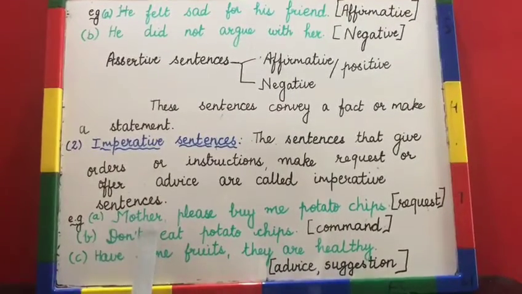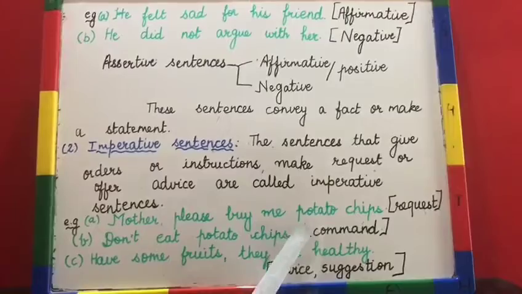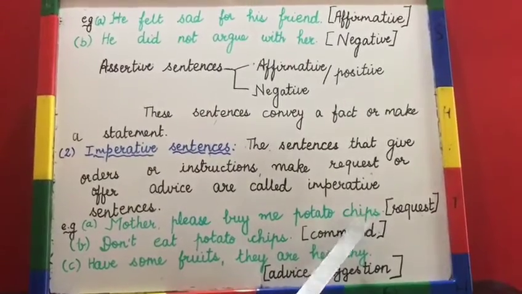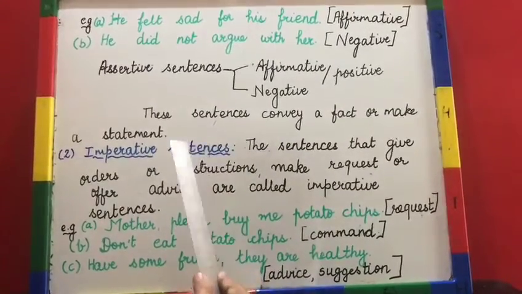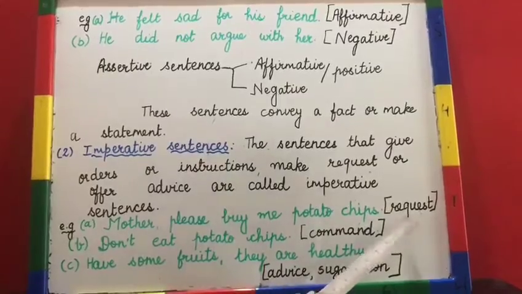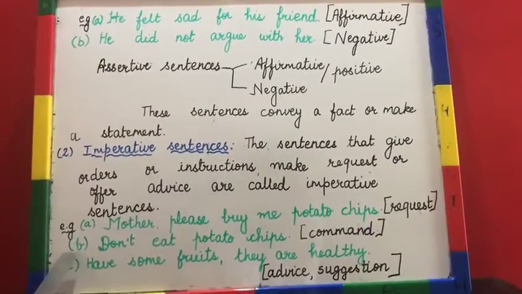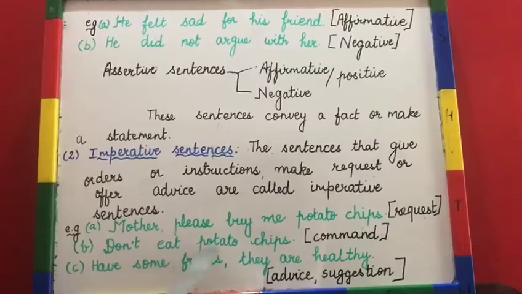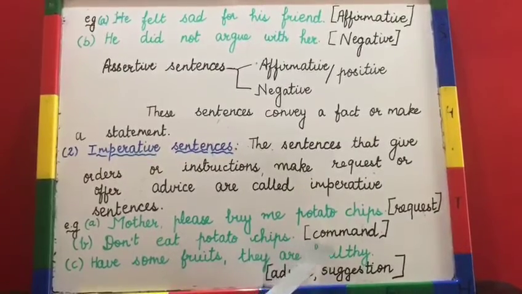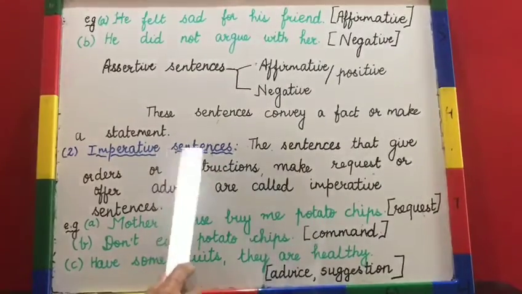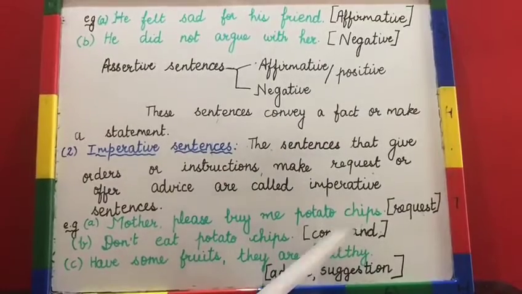A. Mother, please buy me potato chips. This is an imperative sentence in the form of a request. Next, don't eat potato chips. That is an example of an imperative sentence in the form of a command.